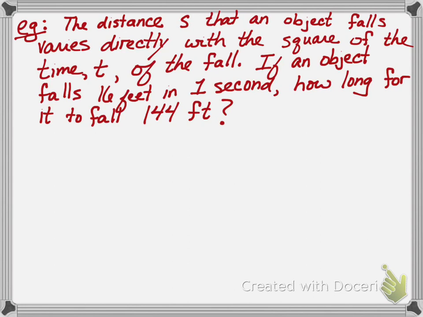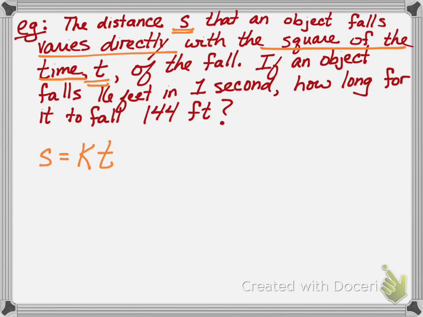So the distance s that an object falls varies directly with the square of the time t. If an object falls 16 feet in 1 second, how long does it take for it to fall 144 feet? So s varies directly with the square of time.